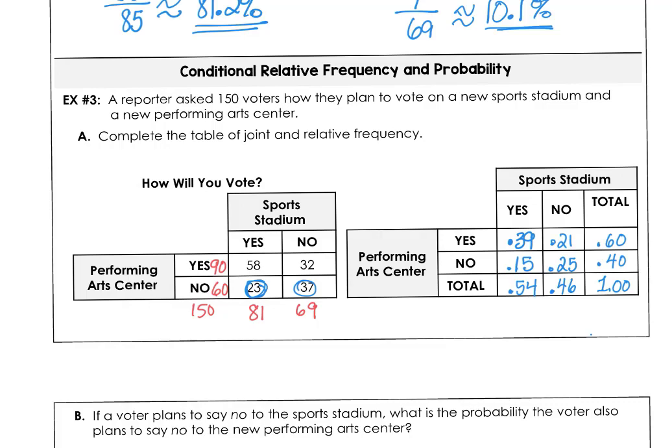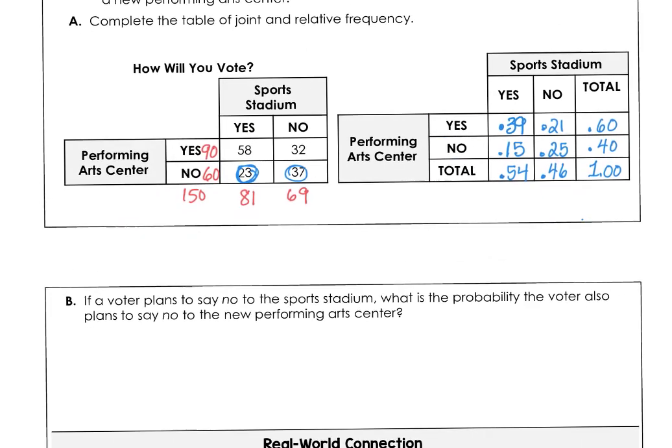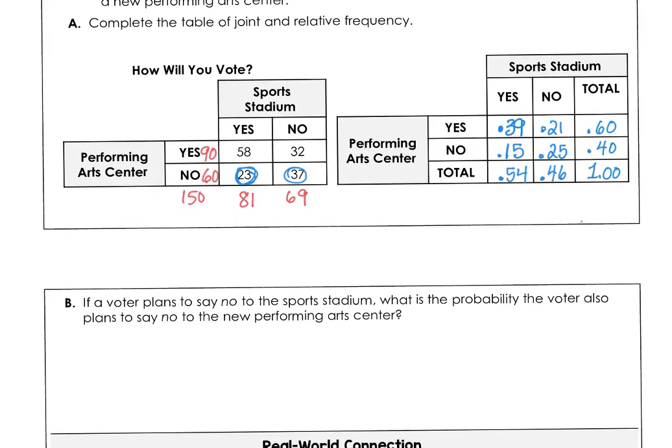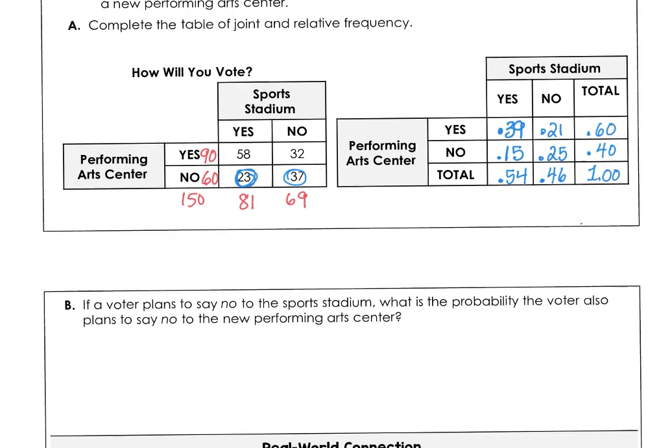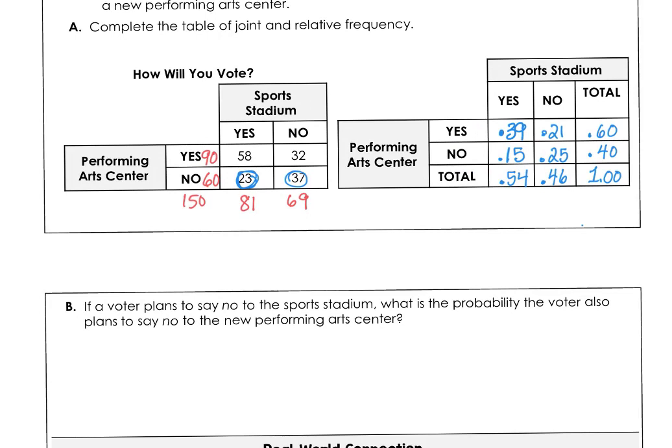Let's go ahead and look at part B. If a voter plans to say no to the sports stadium, what's the probability the voter also plans to say no to the Performing Arts Center? So we want to look at our two-way table and consider the no column and the no column. So we want no and no, they overlap right here, 25%.